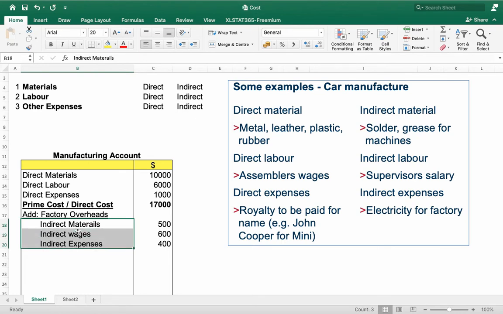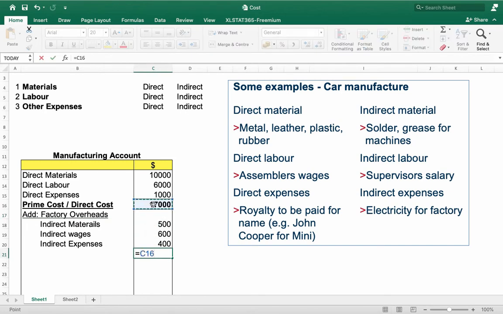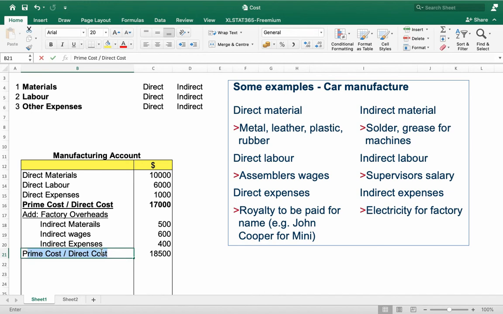And all these indirect costs are collectively known as factory overheads. Now you add up the prime cost plus all these indirect things. Whatever total you get is called production cost.